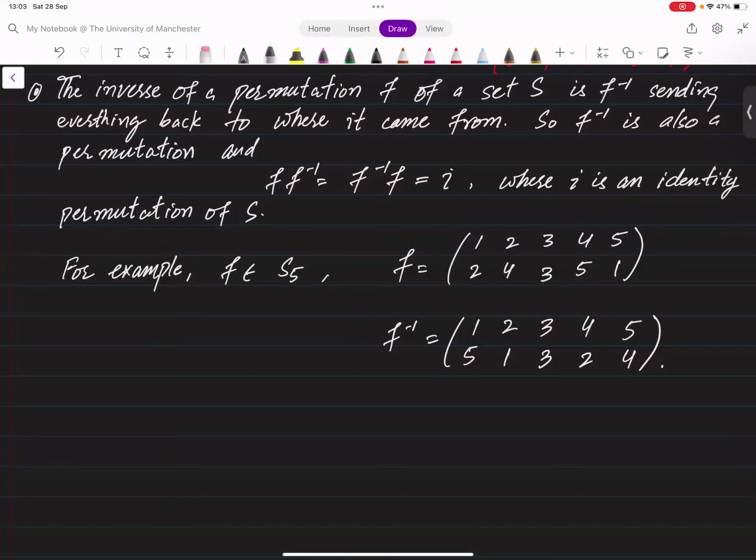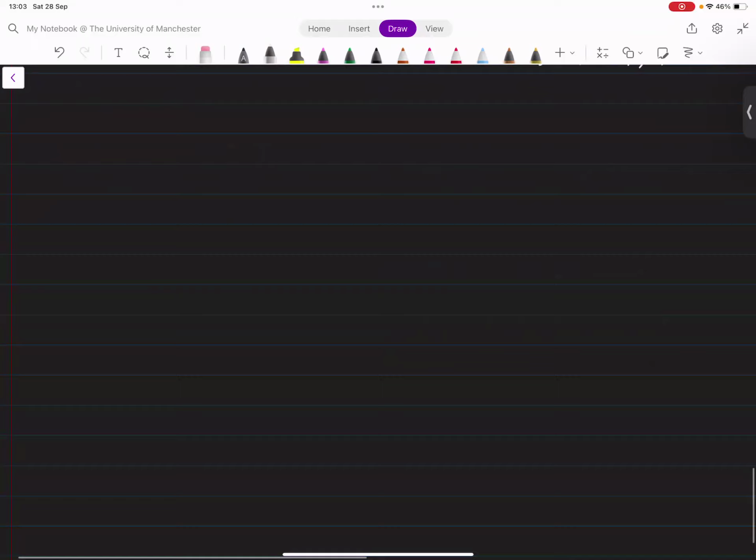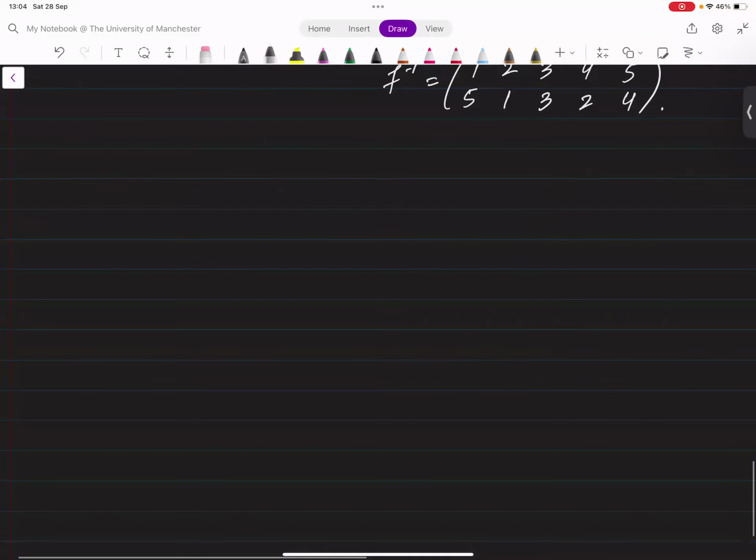Now, there are 4 properties of composition of permutations that are of basic importance, and we list them in the next result. Actually, we have already seen some of these properties, but they are worth highlighting anyway. So let's talk about those results in the proposition.